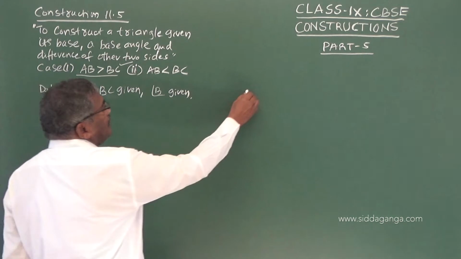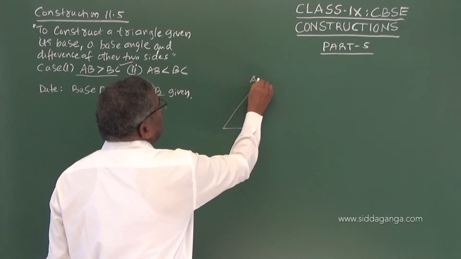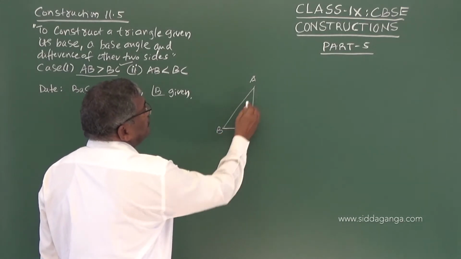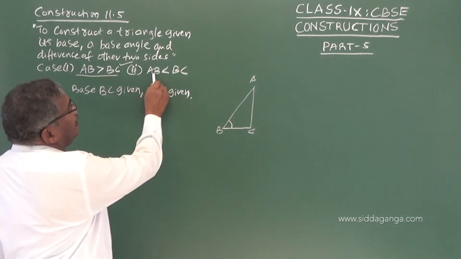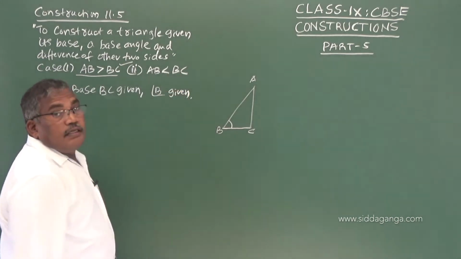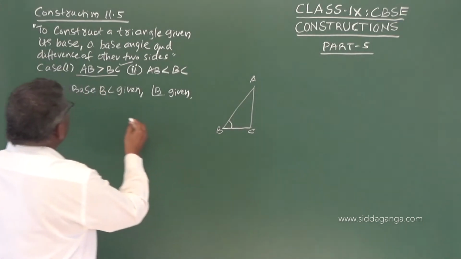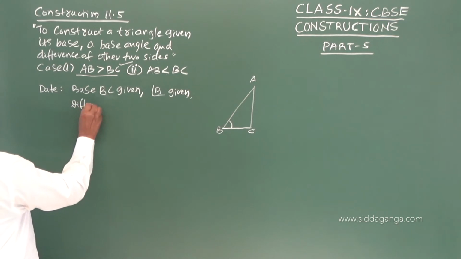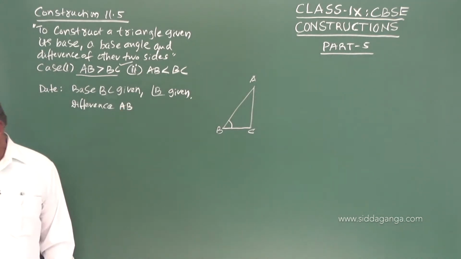If you have a triangle, let us say ABC, the base length is given and one angle is given, and the difference.